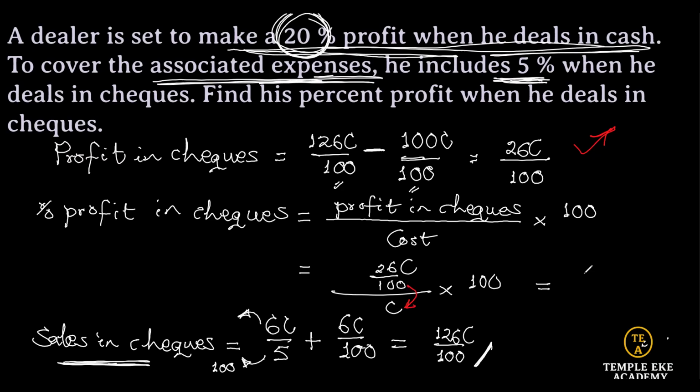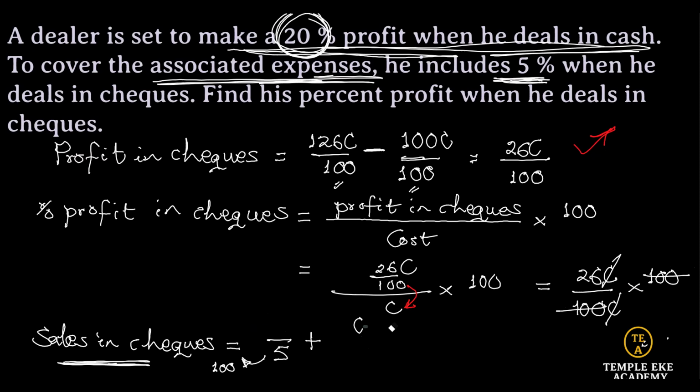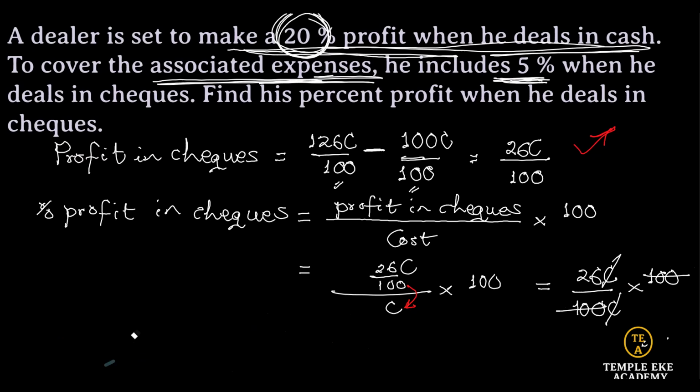Very beautiful concept. This is going to be 26C on 100 over 100C, then multiplied by 100. Now we can simplify this. C gives way, 100 divided through 100, and we have our final answer, 26%. So the answer to the question is 26%, our final answer. Very simple.